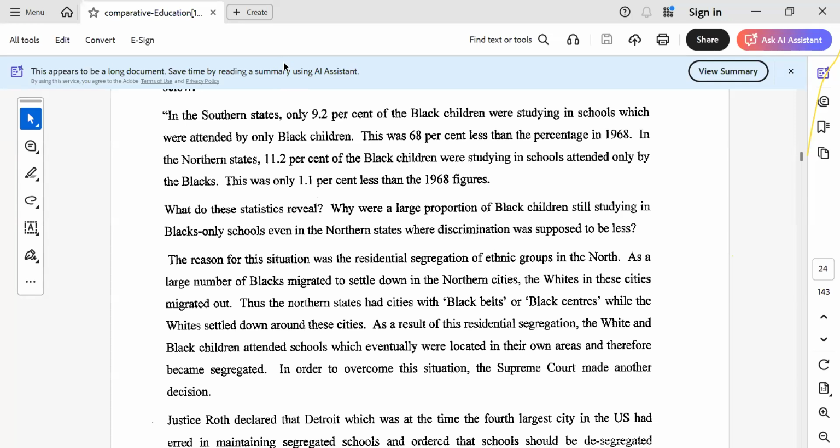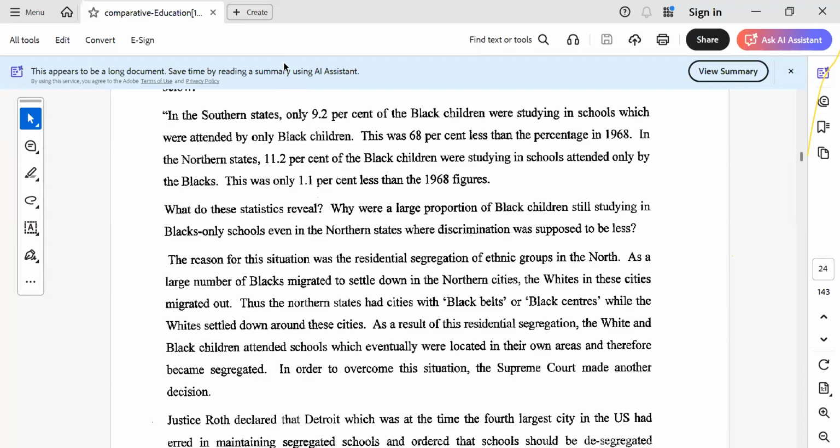But when the blacks migrated to the north, those whites who had stayed in that northern side migrated to another place. Again, the same thing.